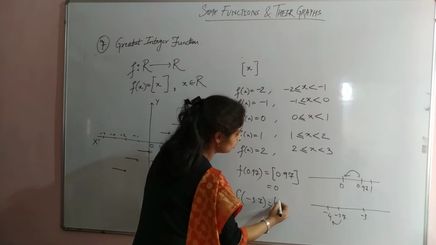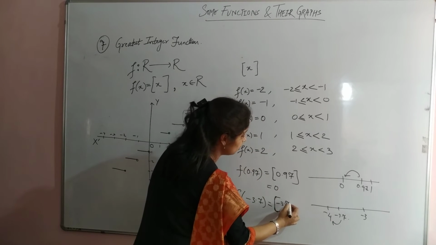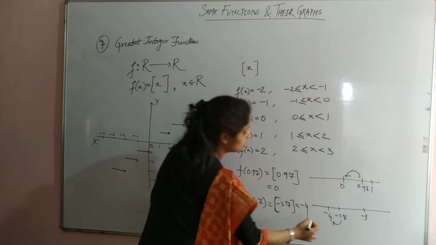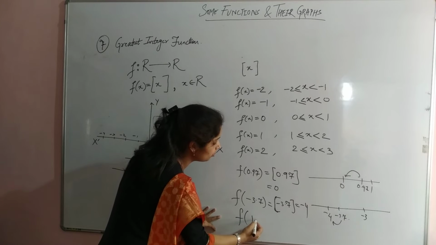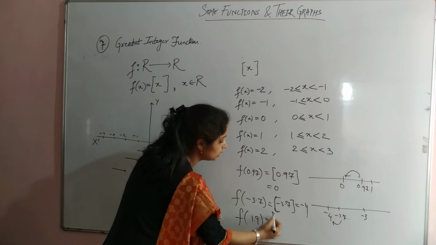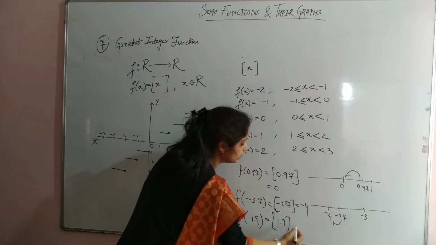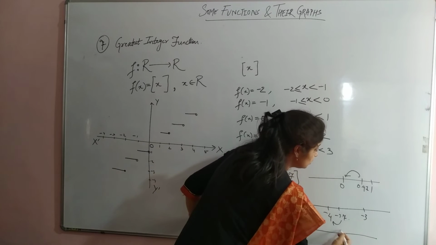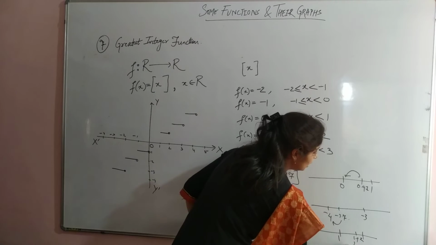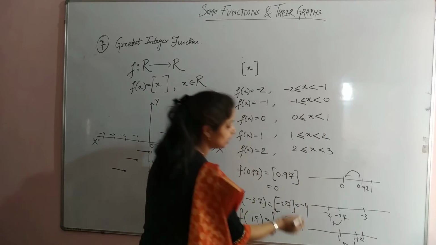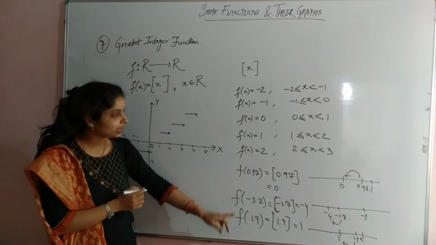So the greatest integer function value will be -4. Similarly, if f(1.9) is given, so it is the greatest integer function of 1.9. So 1.9 always lies between 1 and 2. So the left value is 1. So the greatest integer value of 1.9 is 1.